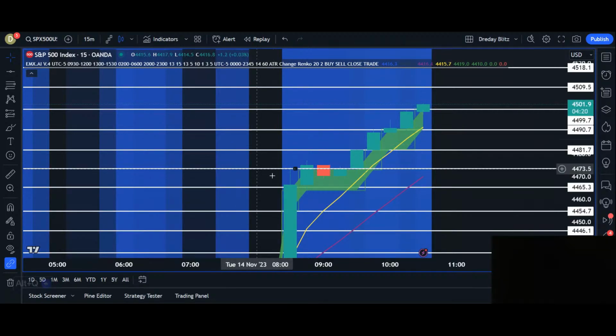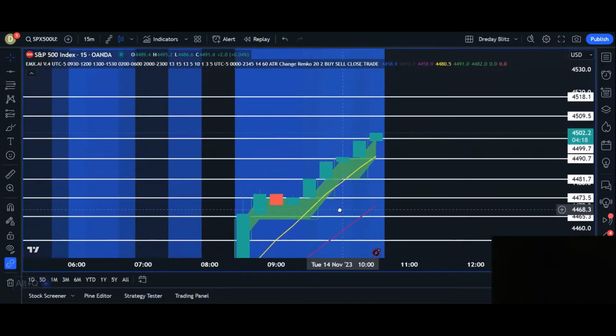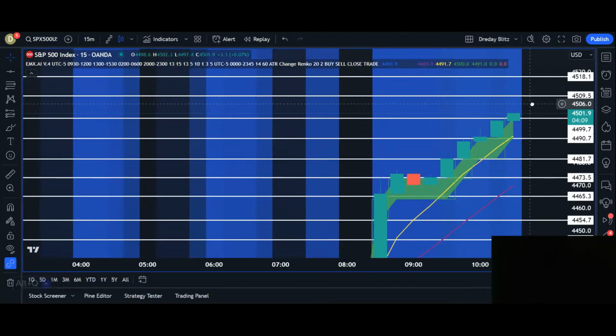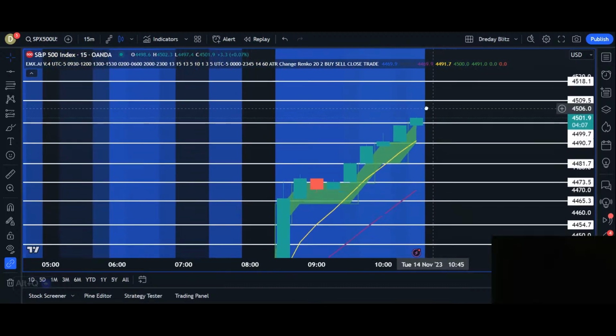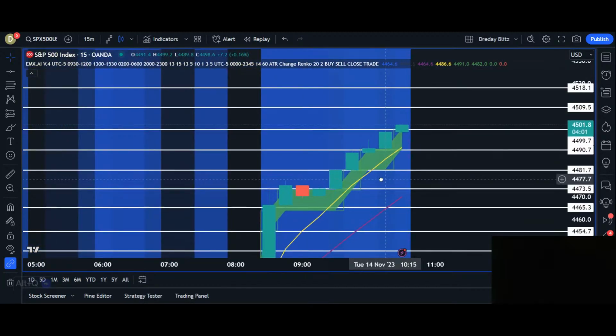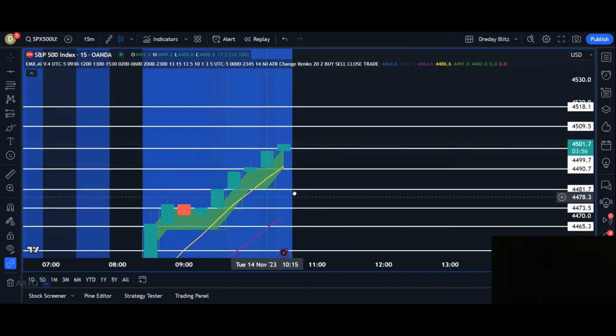The last 2 hours is still going up, and it already passed 1, 2, 3, 4 zones, and it's going on the fifth zone right now. So that's why, if you look at the past price, you're able to know exactly where the price is going.